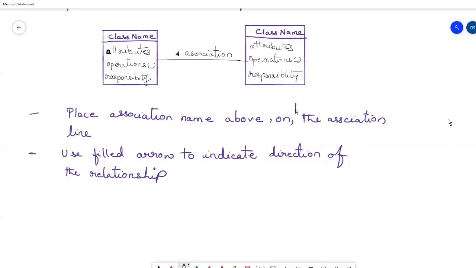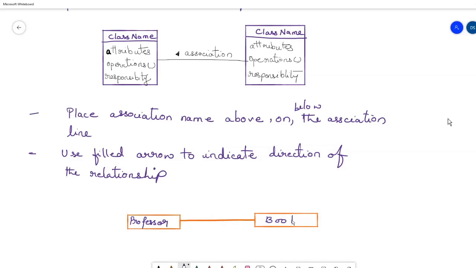Now let us say we have two classes, and let's see how we can write an association, a relationship between them. They are connected by an association link. Now let us talk about a professor. There is a class called professor, and that professor has written a few books. So we have to make classes of professor and book.